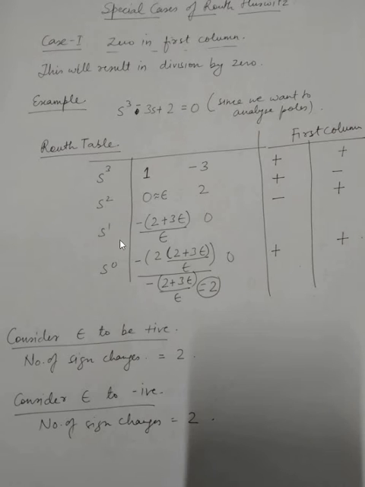Then I move on to finding the entry at this cell of the Routh table. The method is quite simple. You assume this 0 to be a very, very small quantity called epsilon, and not consider it to be 0, but rather a very small number called epsilon.